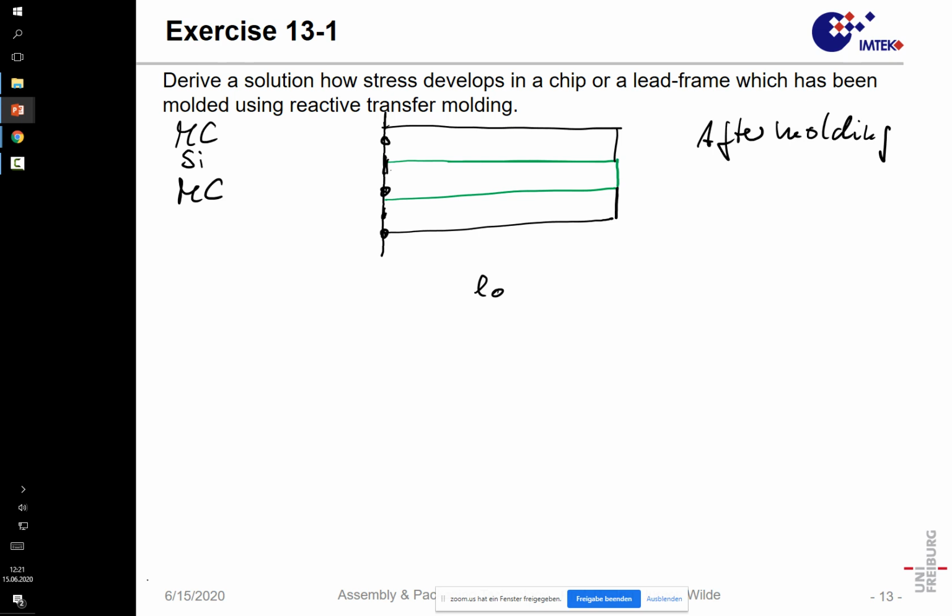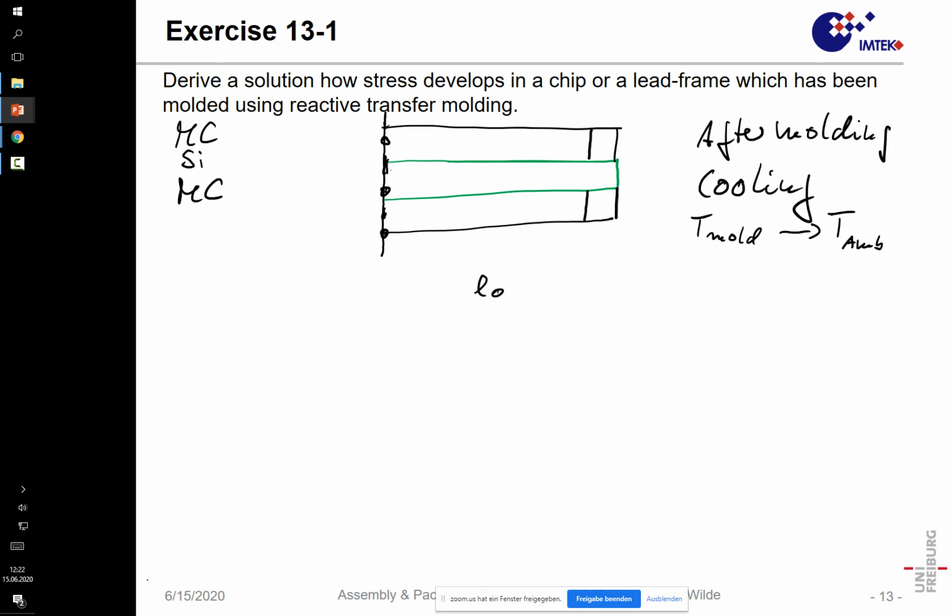Are you there? Hello? Okay, that's very good. So I make a sketch, which is a little different. So we have the cooling, let's say from T mold to T ambient.